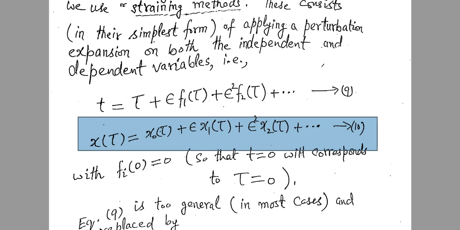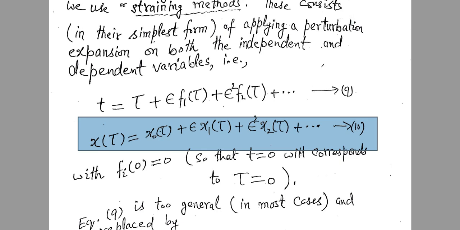One thing you have to notice is that fi of 0 is equal to 0, that is, all the functions fi's in equation number 9 are 0 at tau equal to 0, so that t equal to 0 will correspond to tau equal to 0.